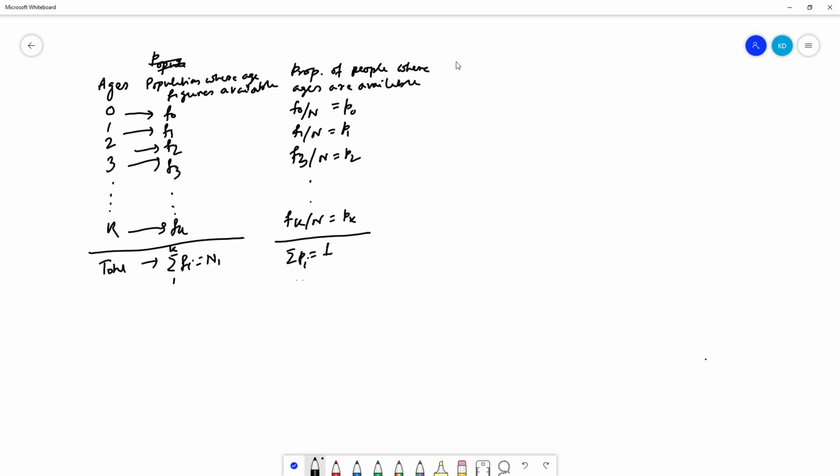The populations where age figure is unavailable, then this should be N2 into p naught.